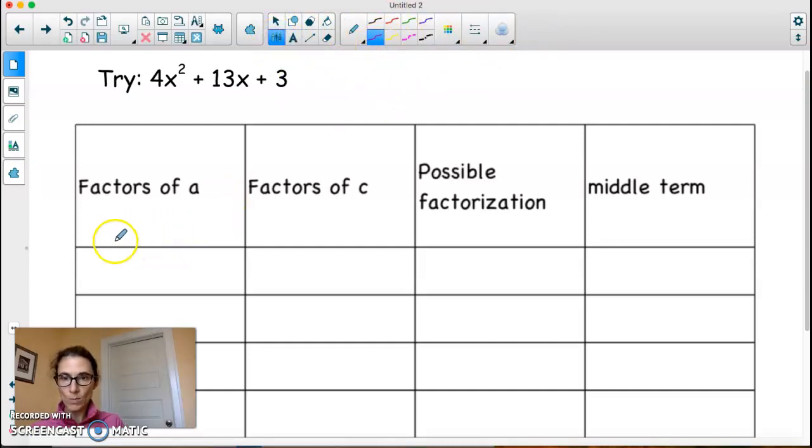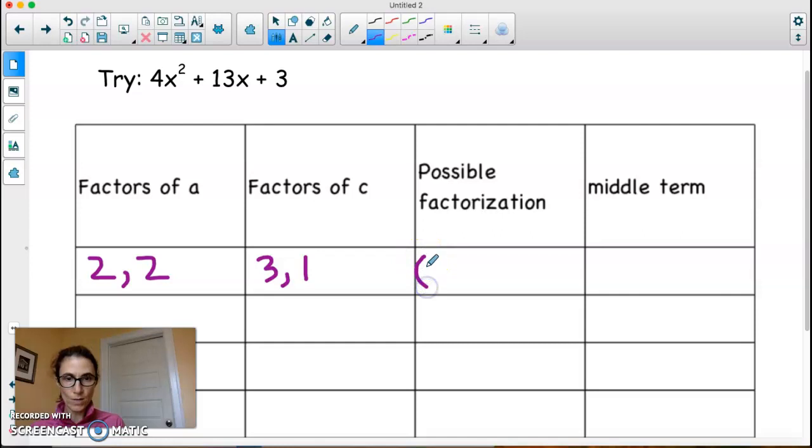Possible factors of A could be 2 and 2. And then factors of C are 3 and 1. So how does this look when we put it into factors?